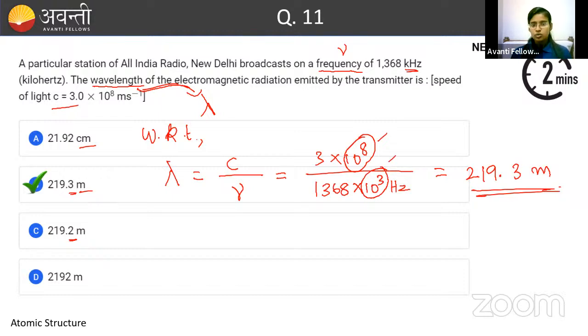You may get confused with centimeter and meter. Clear? So first of all check the unit, then go for the formula, do the calculation and get the correct answer.